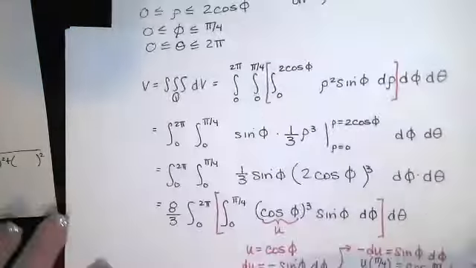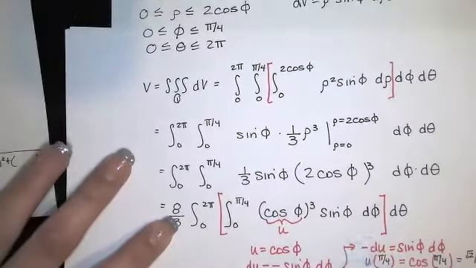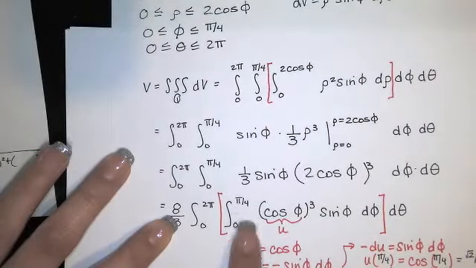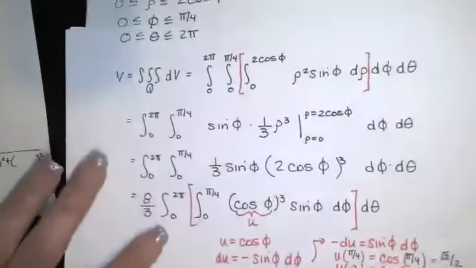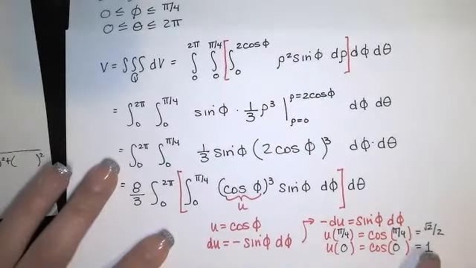So I still have the integral from 0 to 2 pi out here. And I still have that 8/3. And then I need to take this integral and write it entirely in terms of u. Notice, new bounds are 1 and square root of 2 over 2.